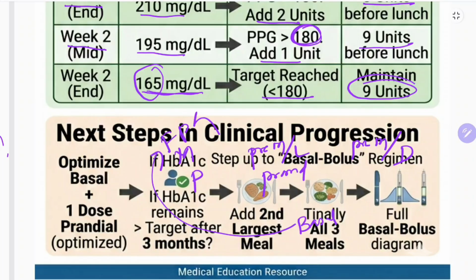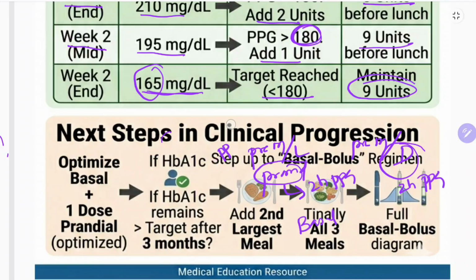In other words, morning prandial insulin will affect the 2-hour postprandial glucose of the morning, lunch prandial insulin will affect the 2-hour postprandial glucose of lunch, and evening prandial insulin will affect the 2-hour postprandial glucose of the evening. In these methods, you measure either the pre-meal or the post-meal glucose of that meal. That's how you titrate.